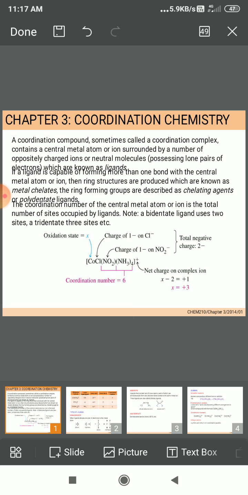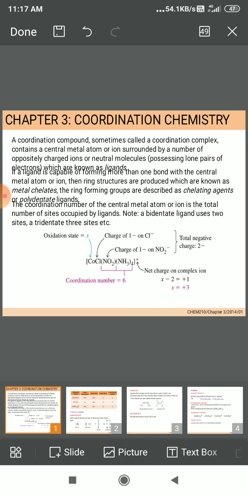The coordination number of the central metal atom or ion is the total number of sites occupied by ligands. Note, a bidentate ligand uses two sites, a tridentate uses three sites, etc.